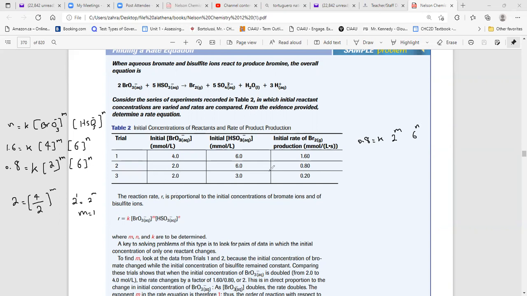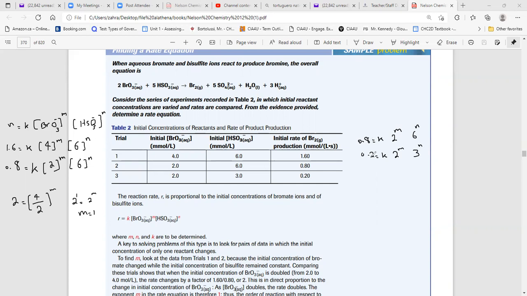Here the rate is 0.2, equal to k, 2 to the power of m, and then 3 to the power of n.